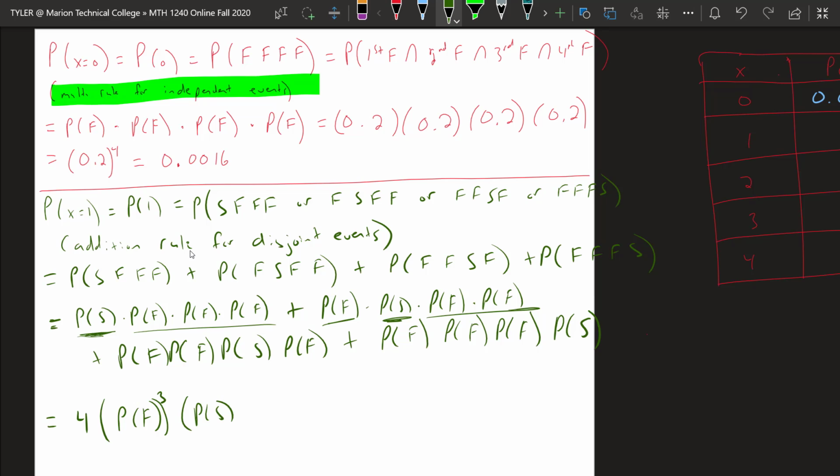So filling this in, this would be equal to 4 times the probability of success, which is 0.8, and then the probability of failing is 0.2, and we can raise that to the third power.